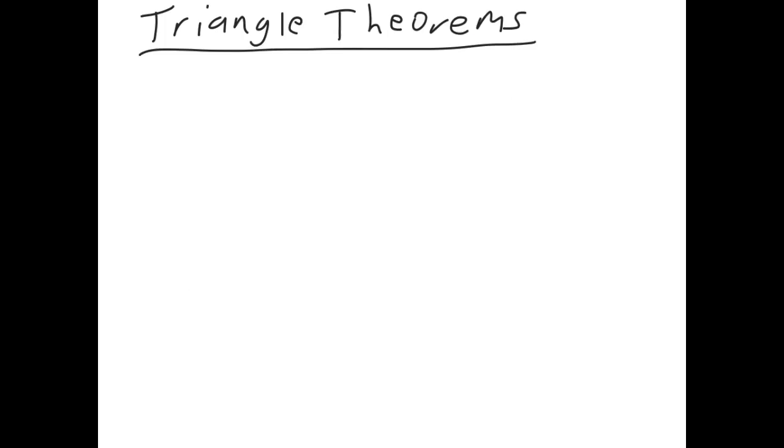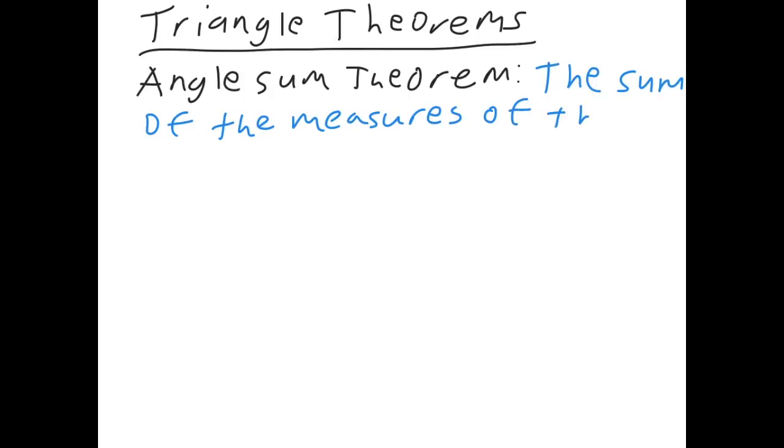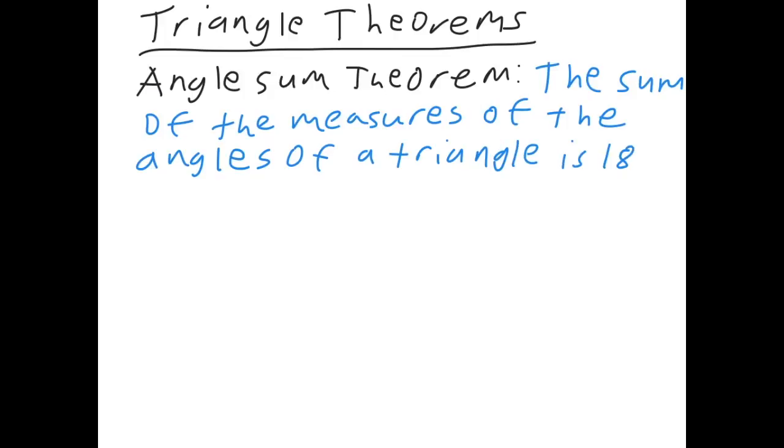Now we're going to talk about some theorems about triangles. First, the angle sum theorem. The angle sum theorem says the sum of the measures of the angles of a triangle is 180 degrees.